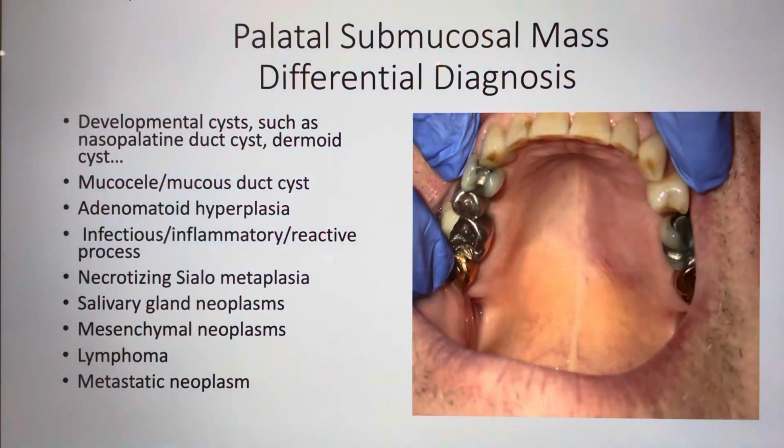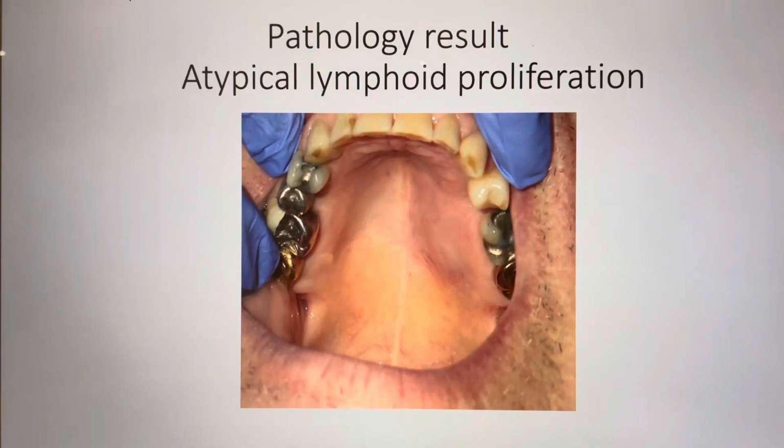The biopsy was done, and the result was lymphoid proliferation, which means some lymphocytes that we saw there, they grew and they became more and more. They're making more lymphocytes. This could be a malignant tumor called lymphoma.